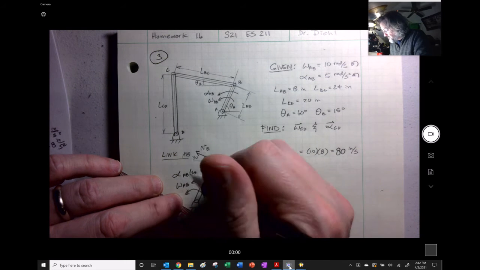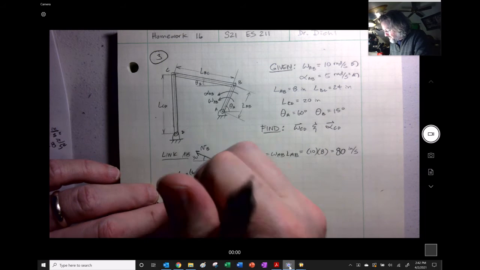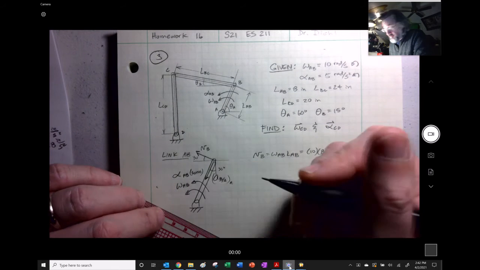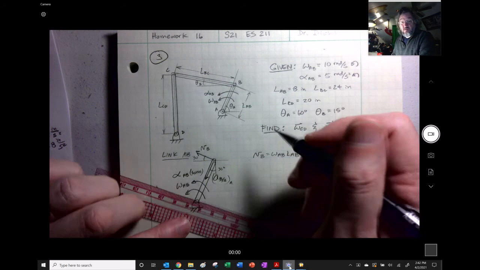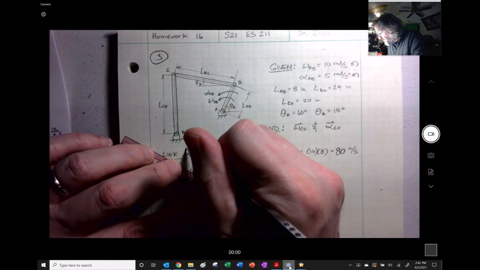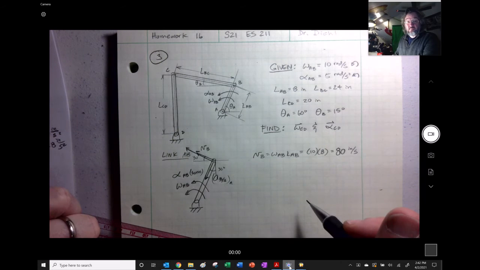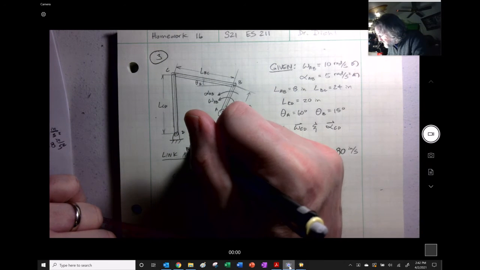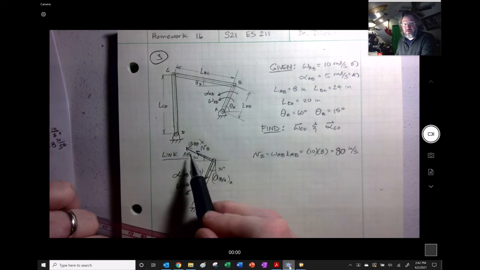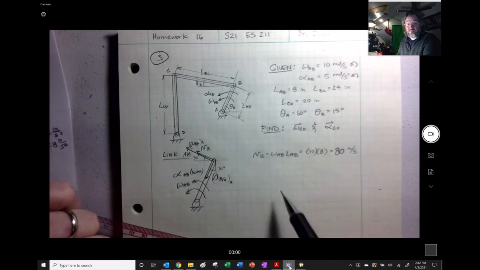And so that's going to make an acceleration right there. And I could cram this in, acceleration of B with respect to A in the tangential direction. That's what that arrow is representing.